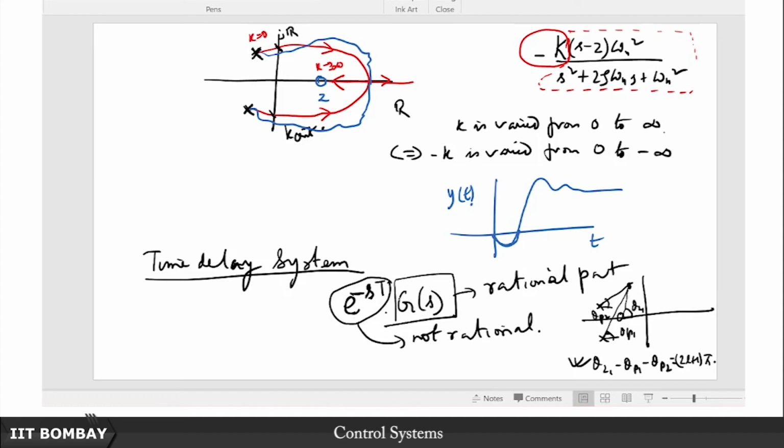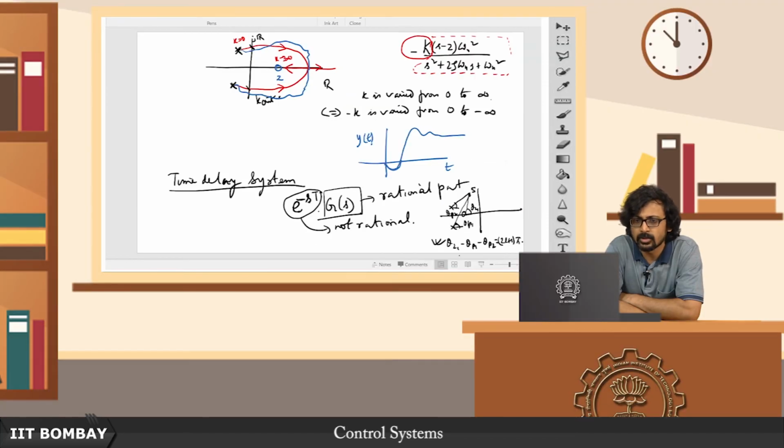Suppose this is the point s. You need to pass this s through the function e to the minus sT and find out its phase. That way you can find out what the phase of the function is.